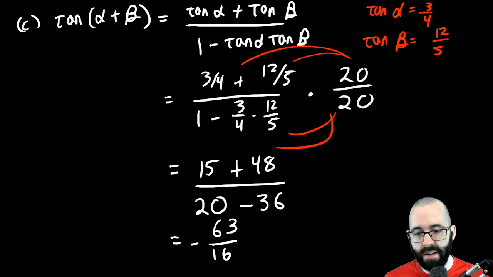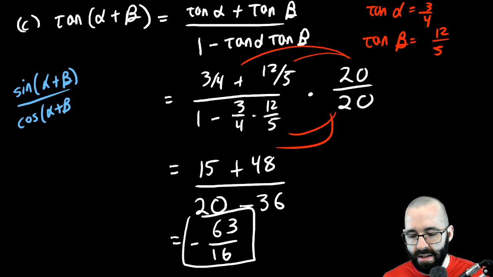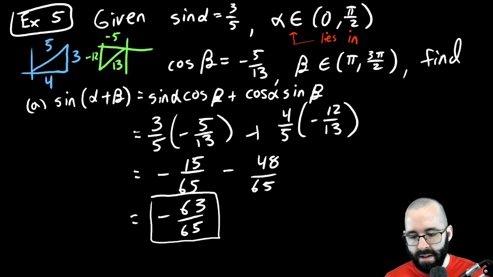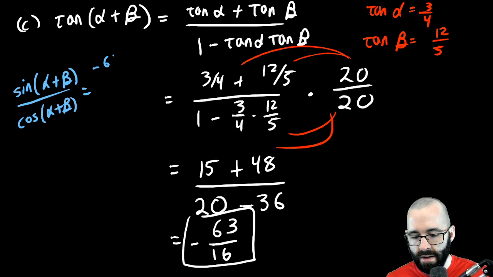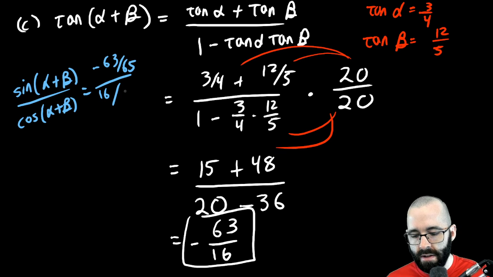Is that the same as sine over cosine? Let's check. Sine of alpha plus beta over the cosine of alpha plus beta. What was that? Sine was part A, negative 63/65. Cosine was part B, 16 over 65.